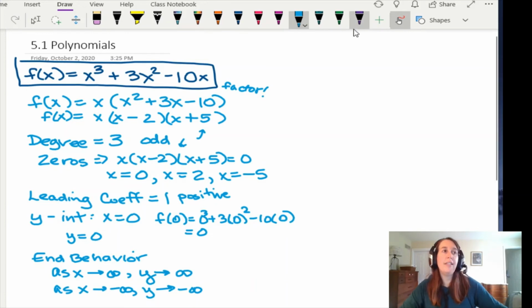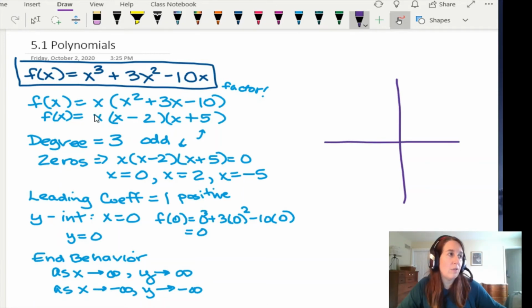So let's see how we can use this information to create a pretty nice sketch of our graph. So first, we're going to draw the zeros. So our 3 zeros are at 0, 2, and negative 5. And then our y-intercept is also 0, so we don't get to draw anything extra for that.